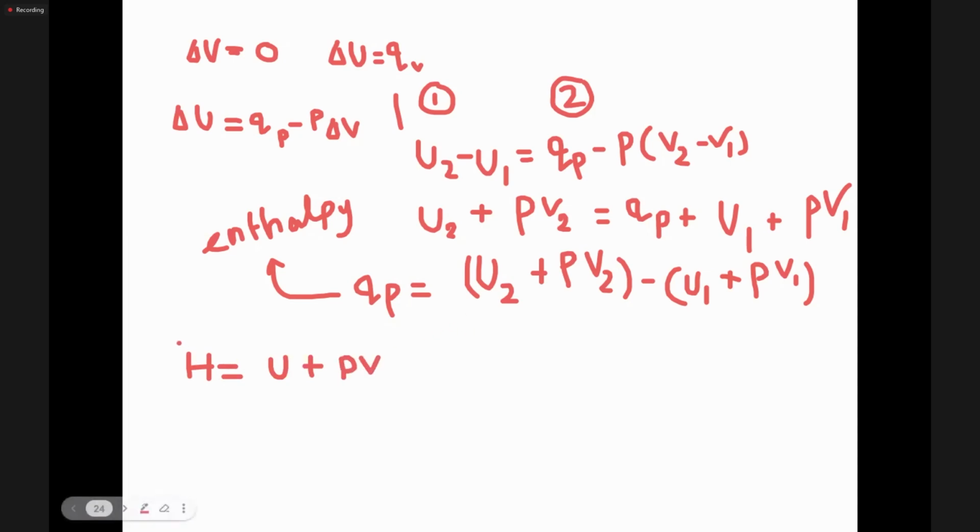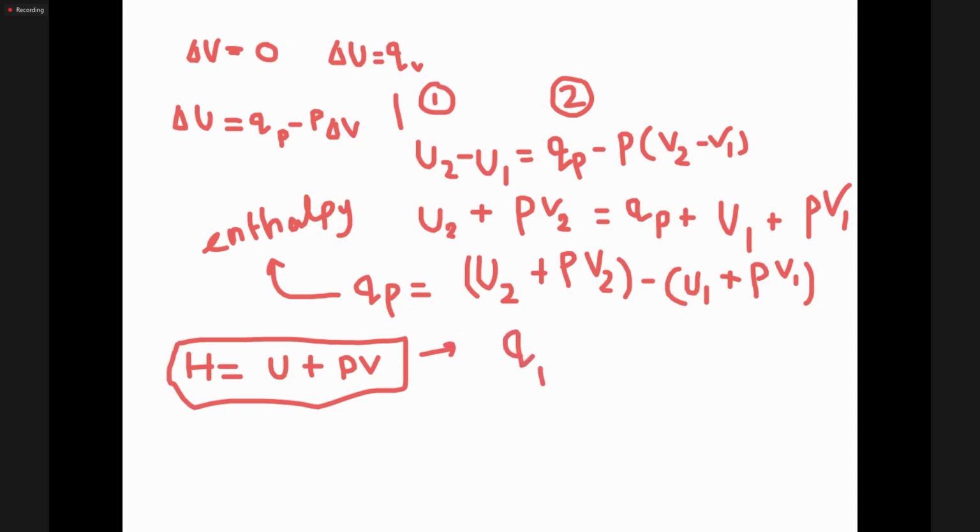If we define H equal to U plus PV as enthalpy, we ultimately get this equation: QP is H2 minus H1, which is nothing but delta H.